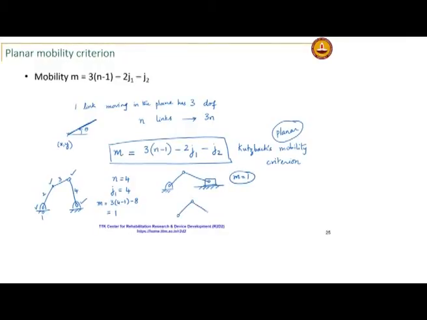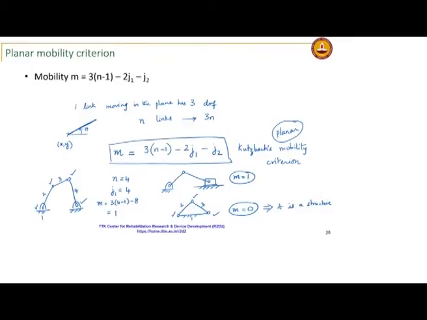Suppose I only connect 3 links, 1, 2, 3, say 1 is fixed. What do I get for the mobility? I get 0. Mobility equal to 0 implies that it is a structure, so the links cannot move with respect to one another.